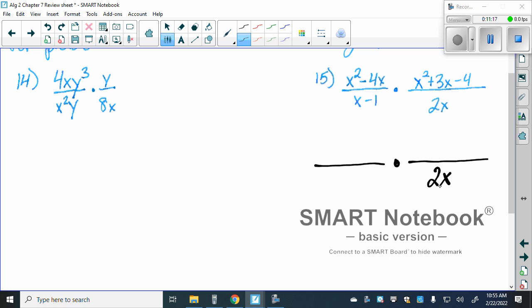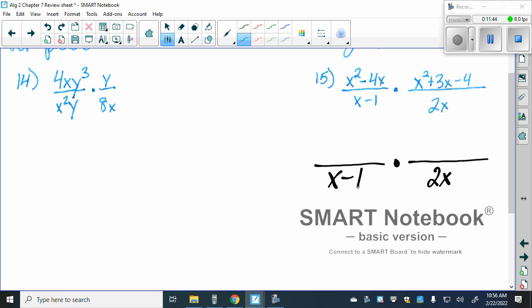Now, to start this off, it would be good to factor each one that we can. Well, x minus 1 and 2x are as simplified as they get. They don't have a greatest common factor, and there's no way to rewrite them as sets of parentheses in factored form. Now, looking at the numerator, x squared minus 4x, it's tempting to do difference of perfect squares, but we have the negative 4x.